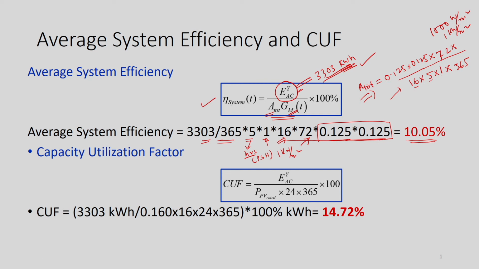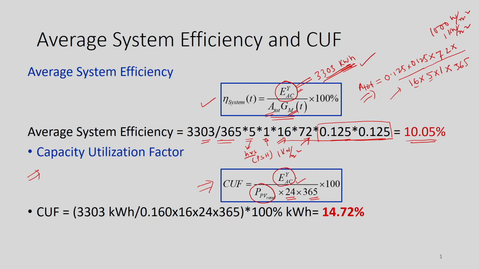Now, come to the capacity utilization factor. So, we know this expression, how to calculate this capacity utilization factor. This yearly energy yield in the AC side we already know, and then PV rated power is known to us, okay, and then it is for 24 hours, then 365 days, okay.